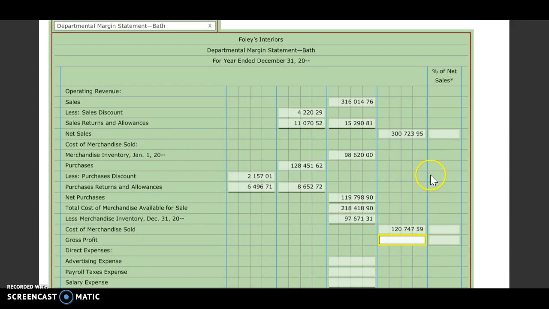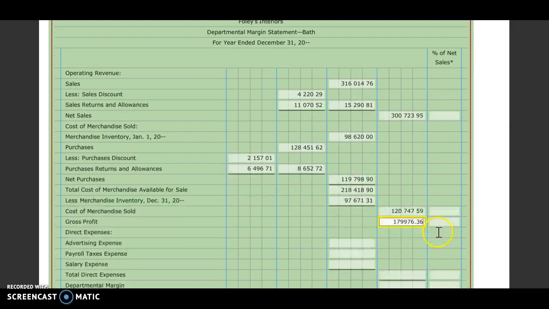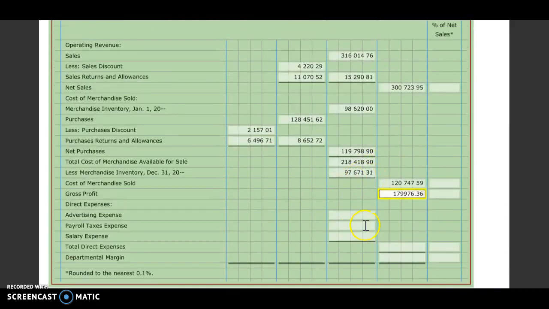Gross profit, then, we're going to take our net sales minus our cost of merchandise sold. $179,976.36. Okay, and then the last part, we're going to figure out our direct expenses. So advertising expense, we need to make sure that we're looking at bath. Advertising expense bath, $4,500. Payroll taxes expense, $7,028.66.